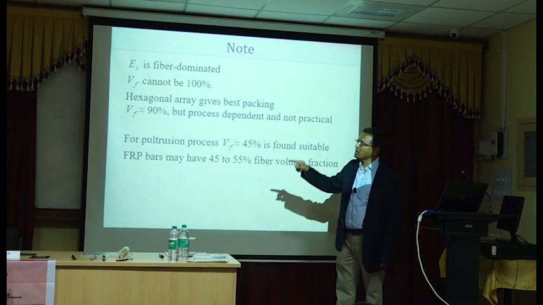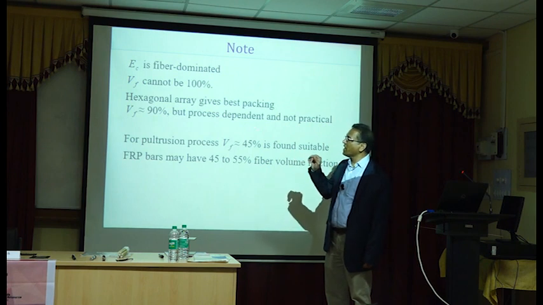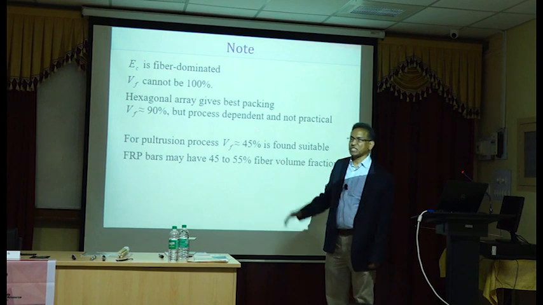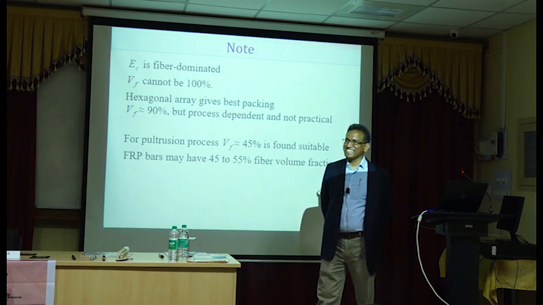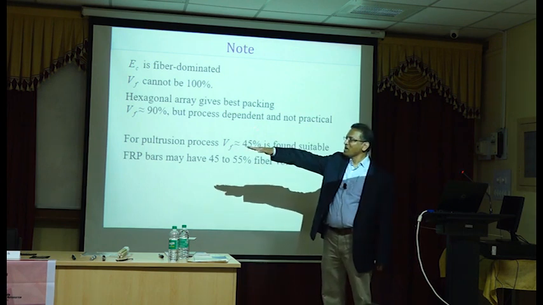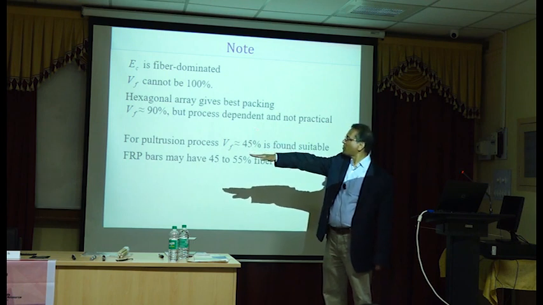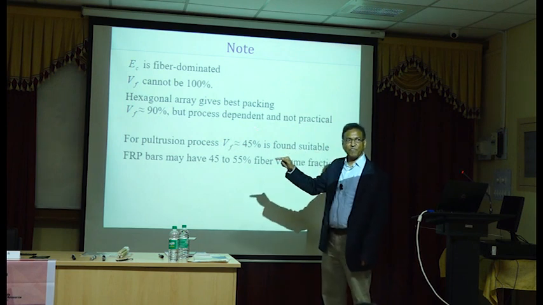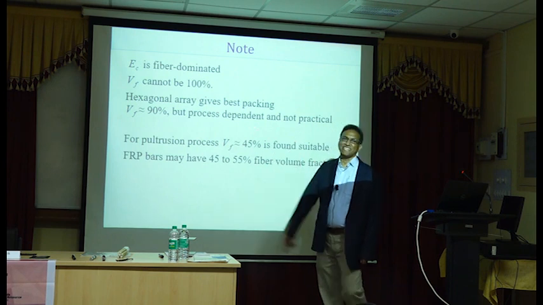Therefore, the composite will assume the same or similar strength in the direction of the fiber, but in the perpendicular direction it will be dominated by matrix properties. Does it make sense? So in the direction of the fiber, the mechanical properties will be dominated by fiber properties. In the perpendicular direction normal to the fiber, the properties are dominated by matrix properties.